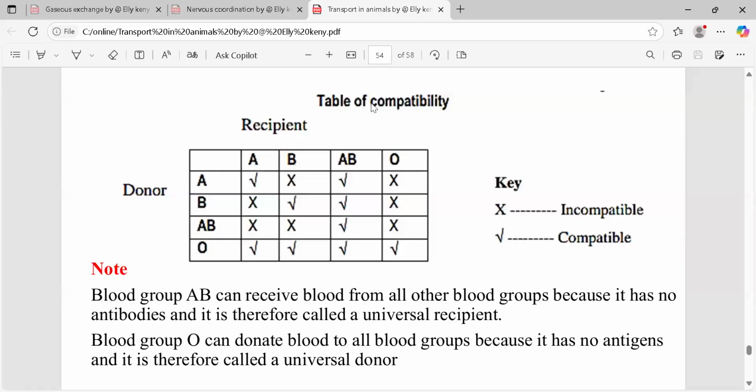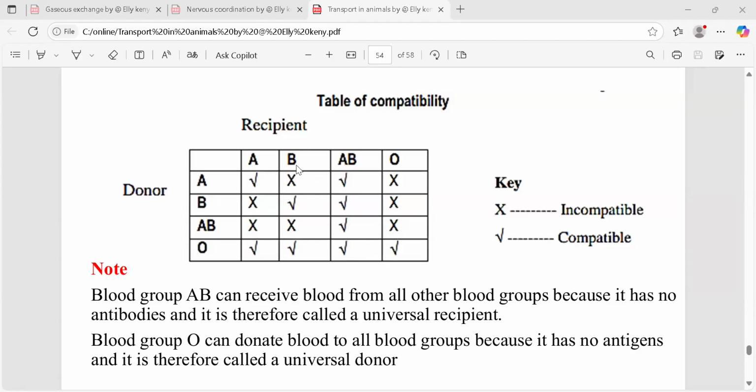Now, someone can ask, why is it not possible? Remember, the game we are playing here is a game of antigens. A simply gave to A because they both have antigen A. A was unable to give to B. Why?